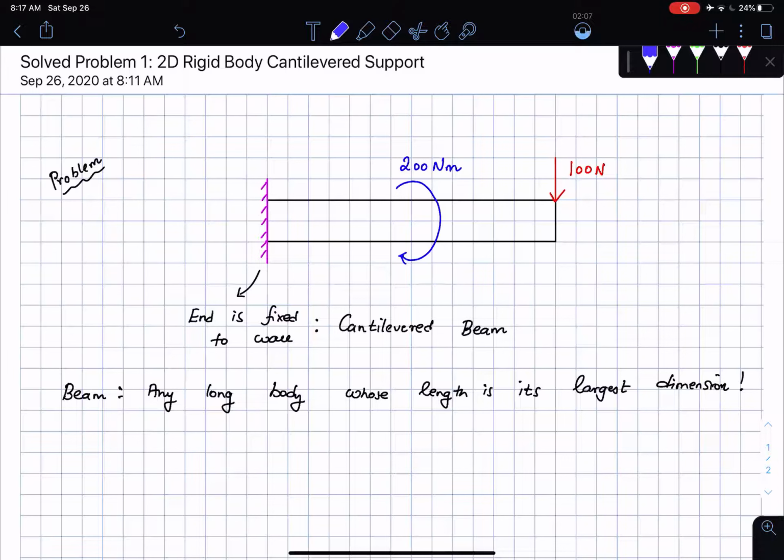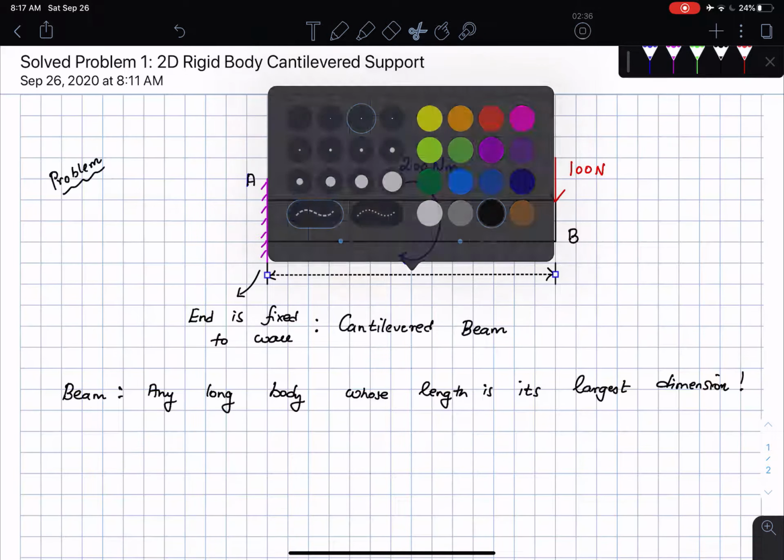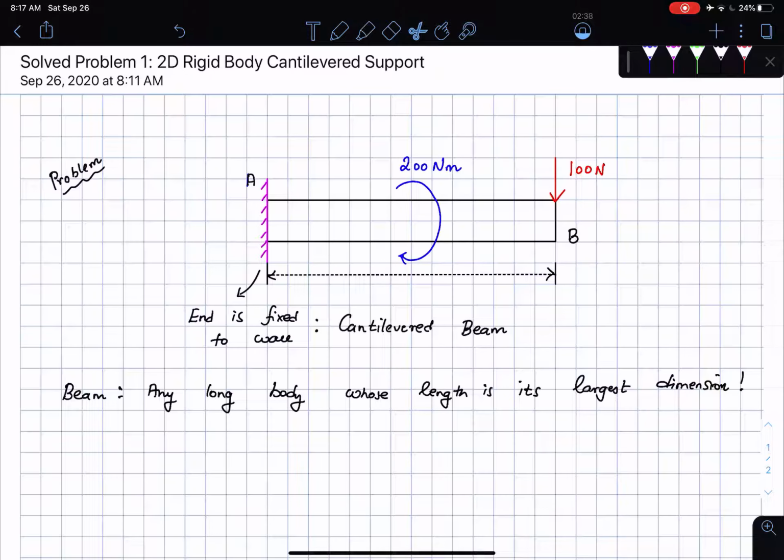Let's call this end the end A, and this is the end B, and the distance from A to B is given as 2 meters. I'm going to draw it as a dotted line, as we typically draw dimensions. This is a distance of 2 meters.